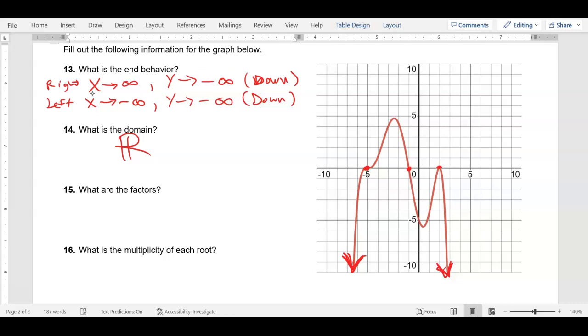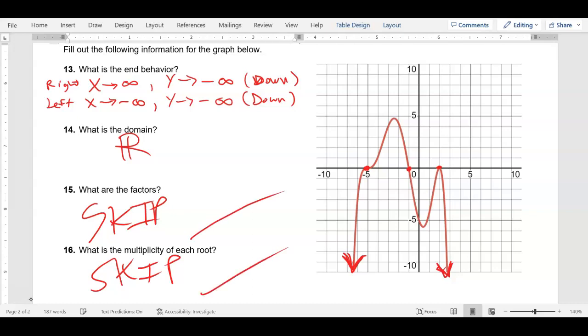So when I write my factors, 1, 2, 3, 4. You can skip the last two. We did not go over this. That's fine. All right.